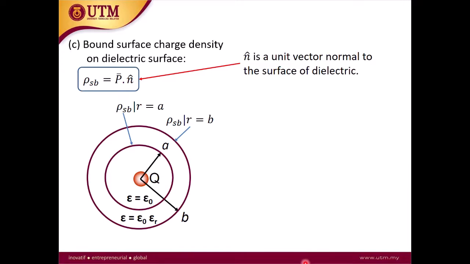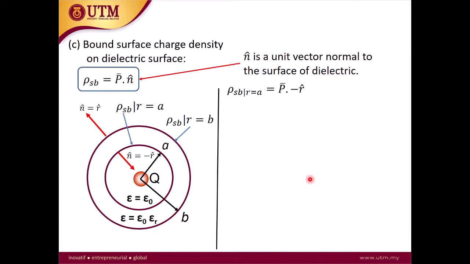When R equals A, the vector normal to the surface goes along the negative R direction. At R equal to B, the vector normal goes along the R direction, because this is our surface and this is the vector normal to that surface.